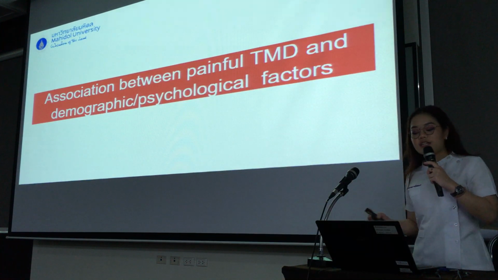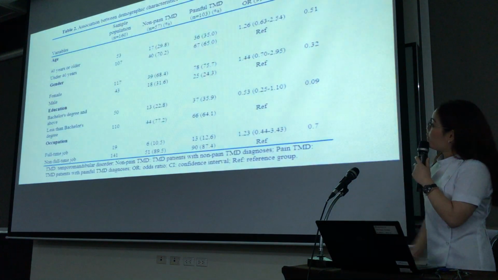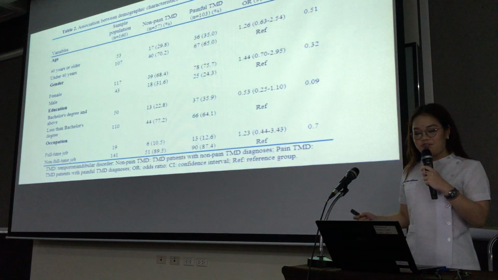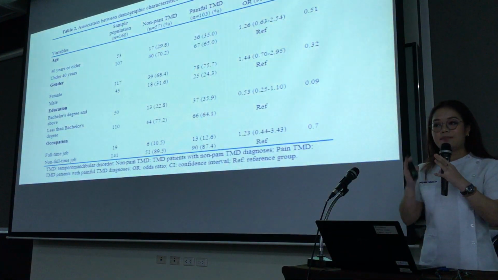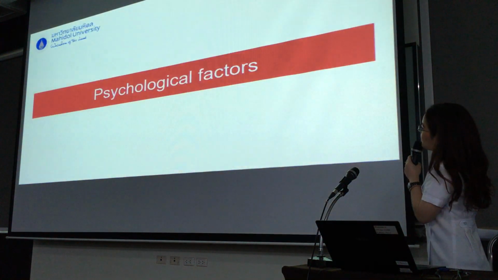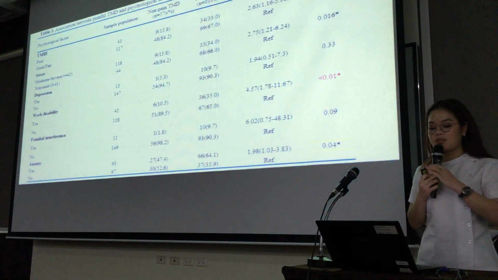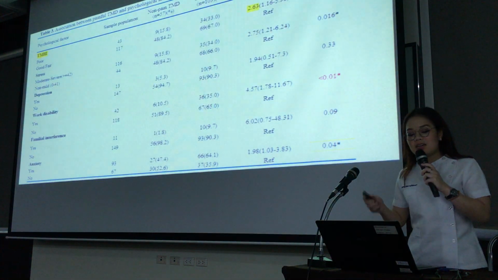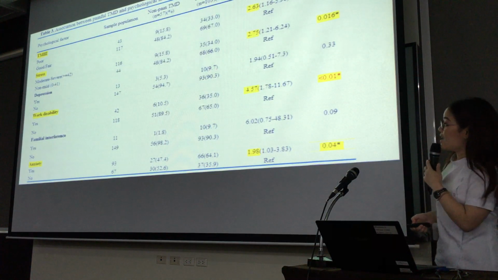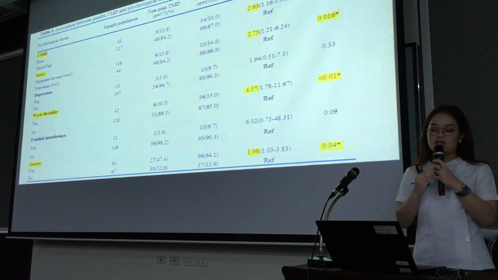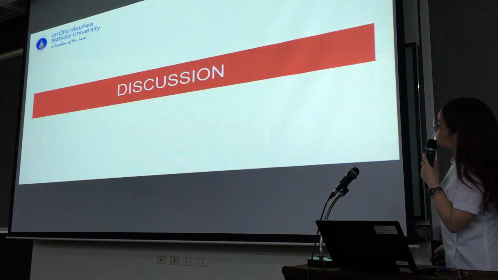As for the association between painful TMD and demographic factors, we found no statistical significance between age, gender, education, nor occupation in painful Thai TMD patients. As for psychological factors, we found a significant association between poor mental health status, stress, work disability, and self-reported anxiety, and we found no significant association between painful TMD and depression or familial interference.